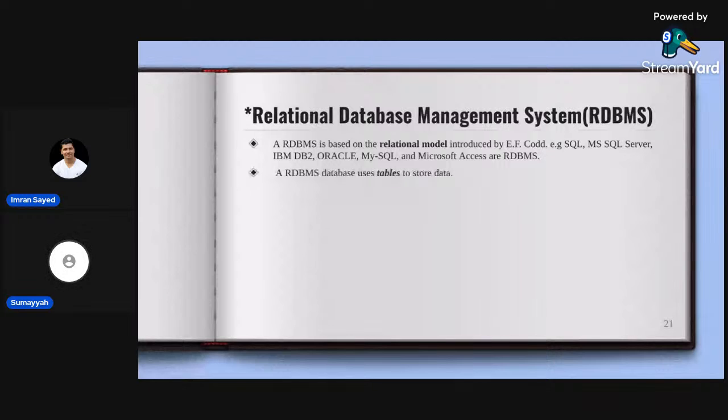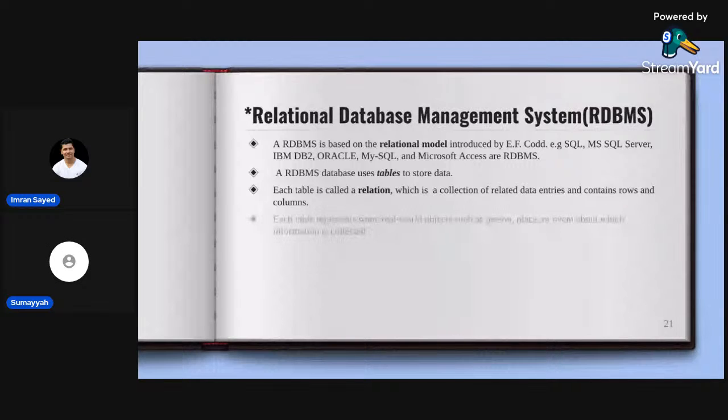An RDBMS database uses tables to store data. Each table is called a relation, which is a collection of related data entries and contains rows and columns. Each table represents some real world object, such as a person, place, or event about which information is collected.